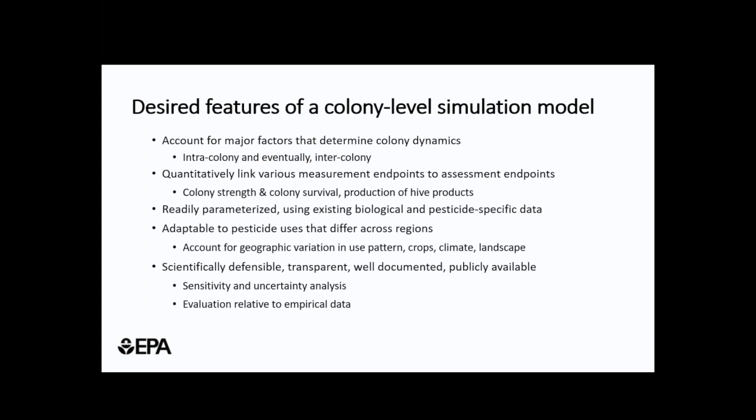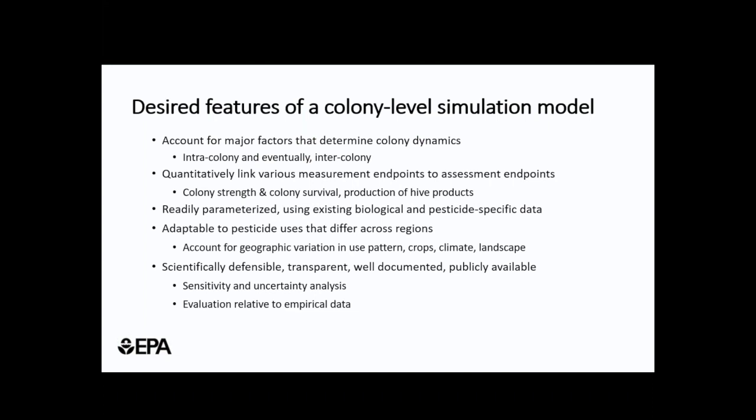We want a model that is mobile, essentially, across the country. Office of Pesticide Programs assesses national level uses of pesticides. And so we need to be able to account for different areas of the country. So hives might be in California for almond production, for example, early in the year, and get exposed to a pesticide at that time of year and in that location.